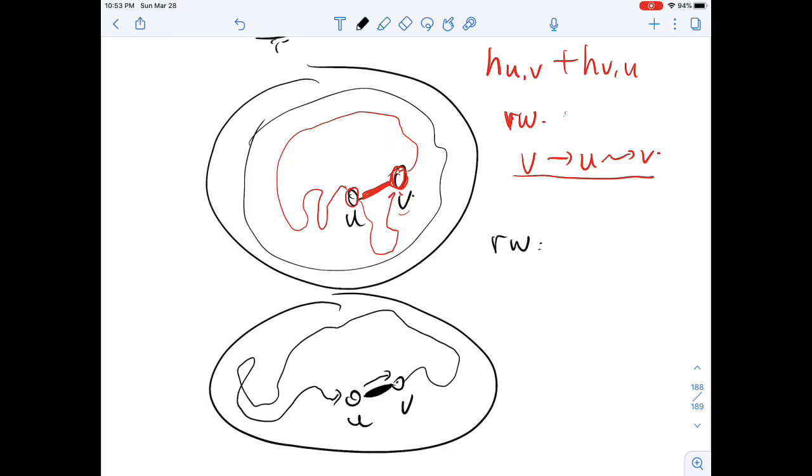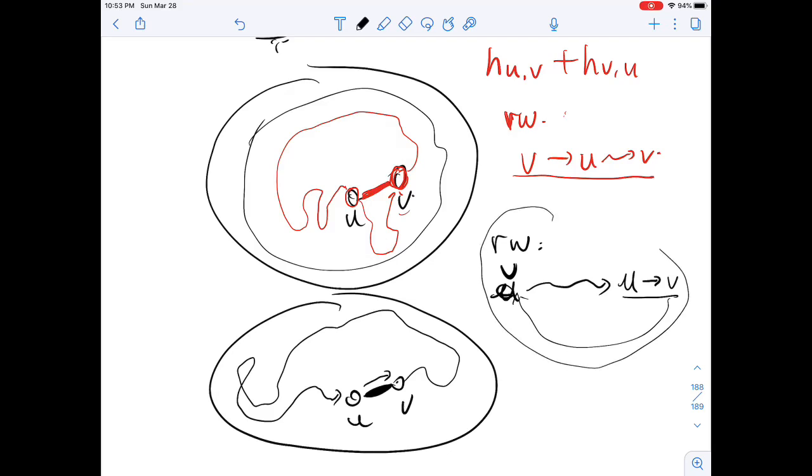So I count another random walk that starts with V, walks a long way, goes to U, directly uses the edge between U and V, and comes back to V. This is actually a tighter version of the typical random walk defining HUV plus HVU.